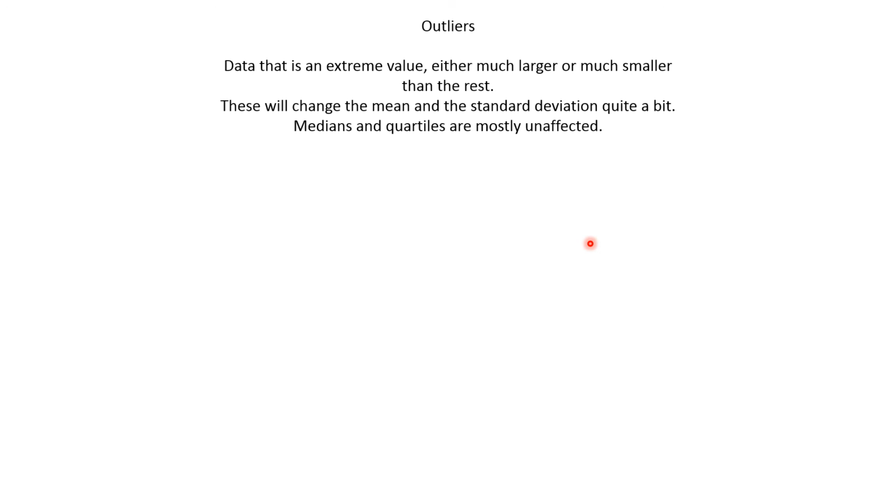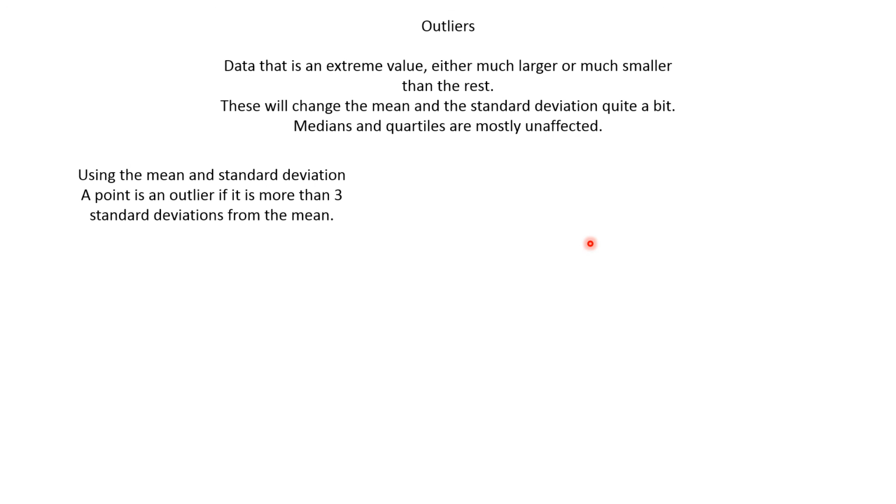And so, how can you tell if something's an outlier? We have a couple different ways. The first is using the mean and standard deviation. It's considered an outlier if it's more than 3 standard deviations from the mean. So, if I remember correctly, the standard deviation that we found on the calculator was about 1.4.